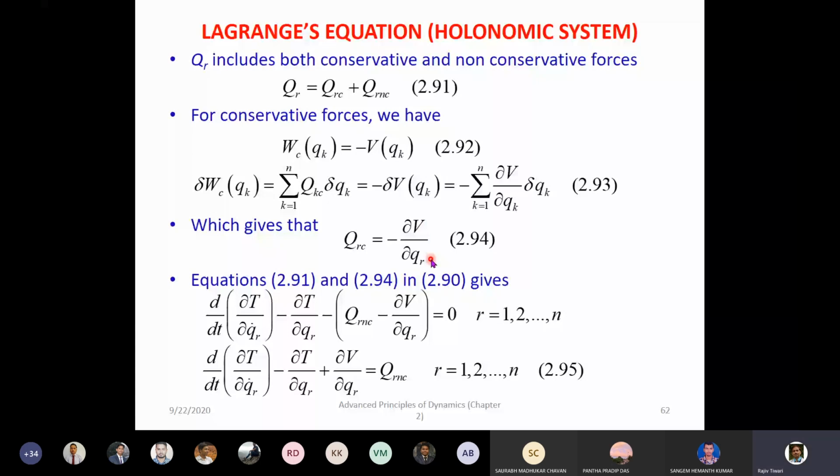So all the generalized forces, which are n in number, are related to this. If we know the potential energy, this conservative generalized force can be obtained from here.